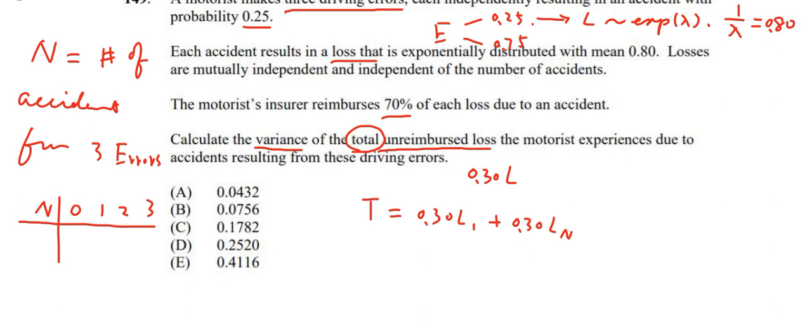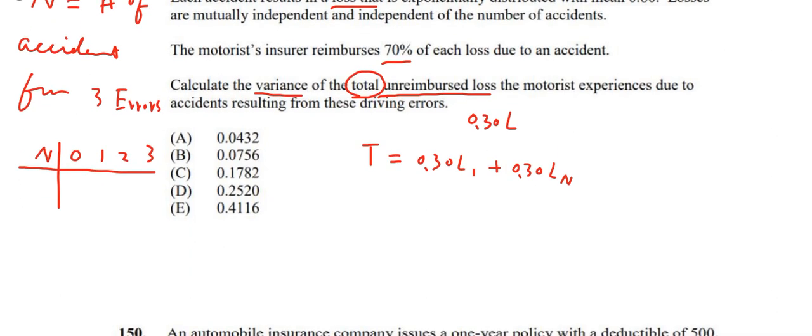So this Vt is just like the previous problem, right? This T involves 2 variables, the loss L and also the number of losses, right? So we have 2 variables. So we just use that formula.